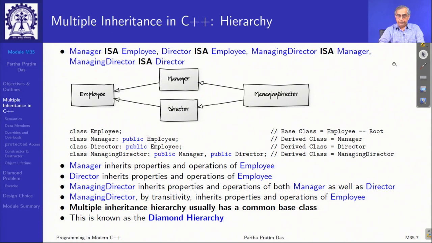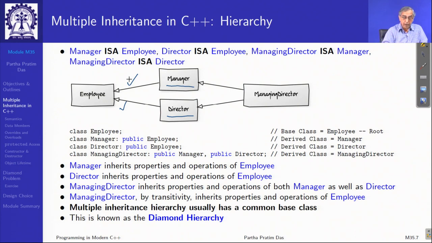We can see a refinement of this idea in the scenario of employees, managers, directors and managing directors. Each one of them is an employee in some way, right? It is obligated to the company, gets salary and so on.